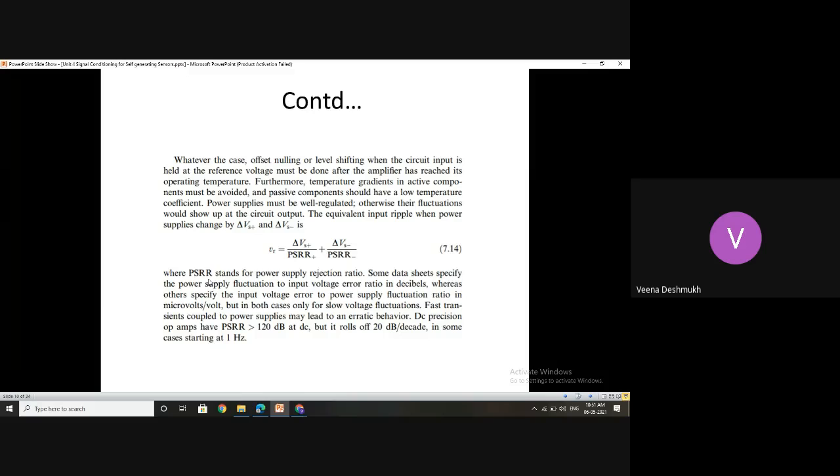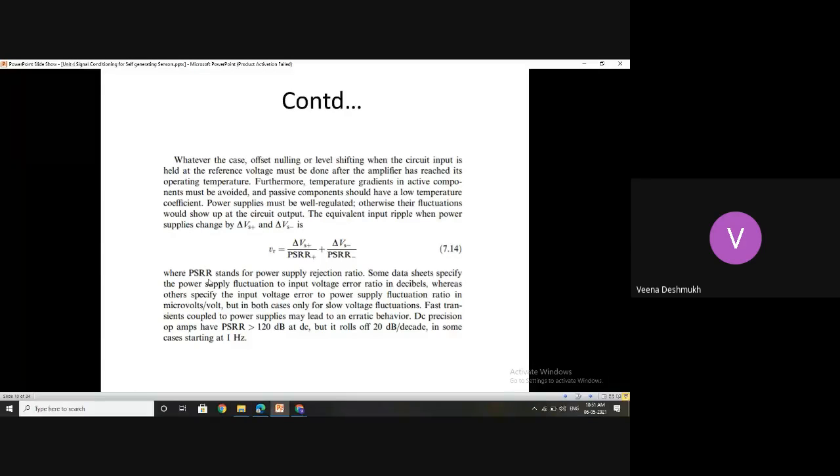So any fluctuation that happens due to varied range of usage of the power supply or change in the power supply, altogether I say that okay, this power supply is not suitable for my application because of some fluctuations. I can always change the power supply. Under such cases also, there may be a possibility of change happening with the input offset voltage due to this power supply change.